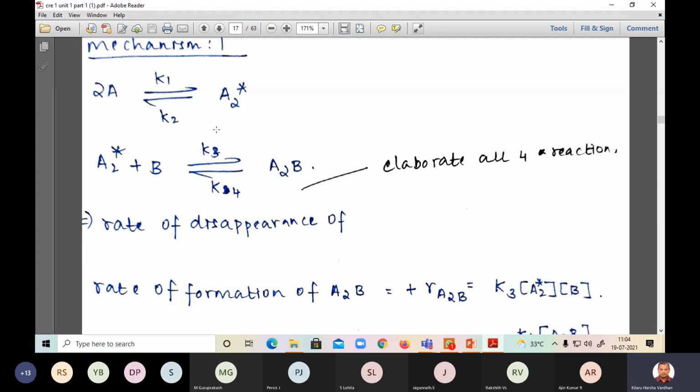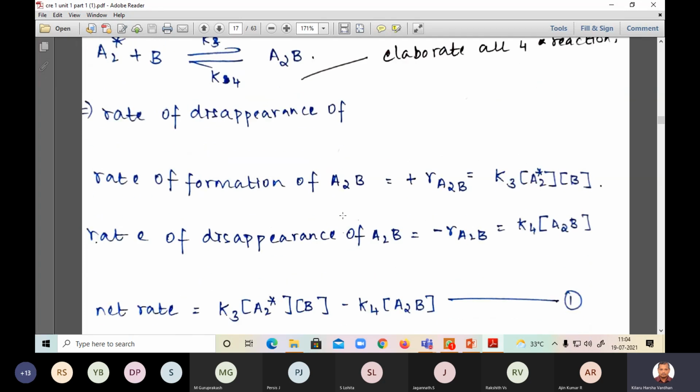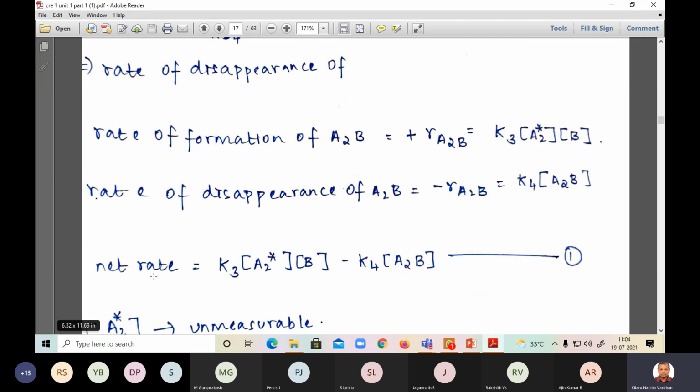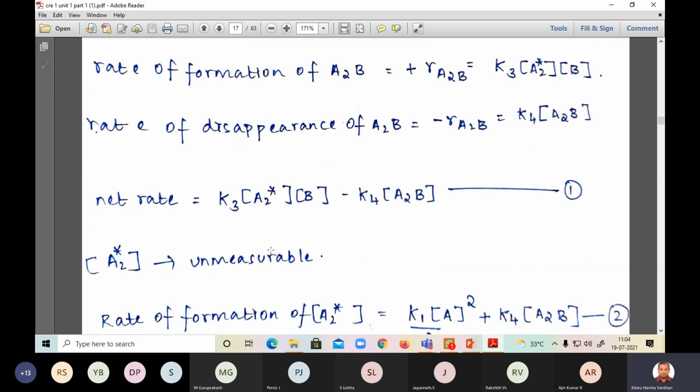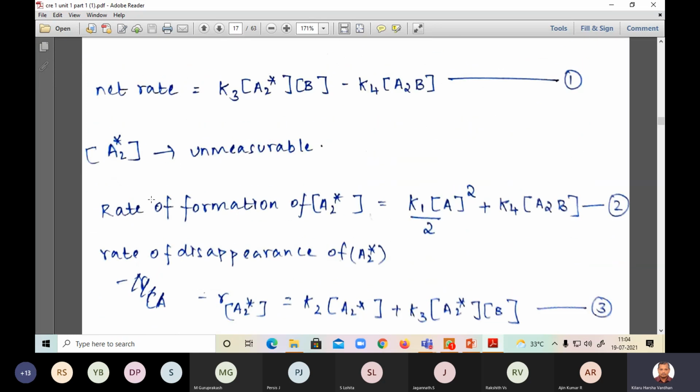That is what we did in the last class. We wrote the rate of formation and rate of disappearance. He is asking you for the net rate of appearance or net rate of formation, so formation minus disappearance. You get A2star, which is unmeasurable. Then we write A2star in terms of measurables, in terms of rate of formation and rate of disappearance of A2star.